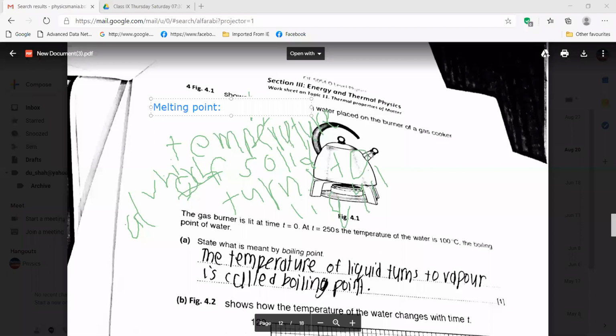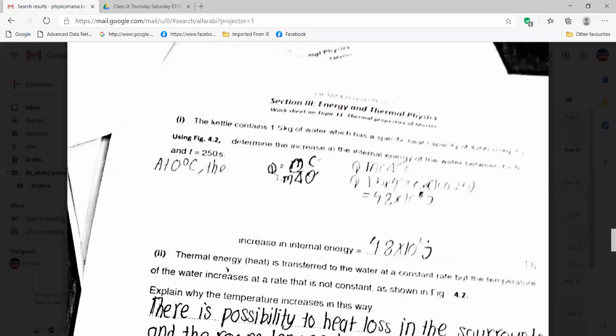So here you got C equals Q by m del theta, right? Farabi, you make the formula correct here. The left side one, you wrote Q equals C by m del theta.